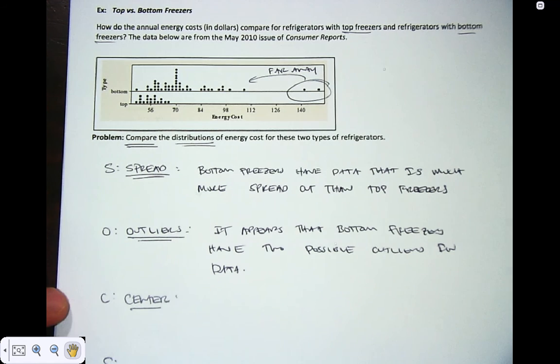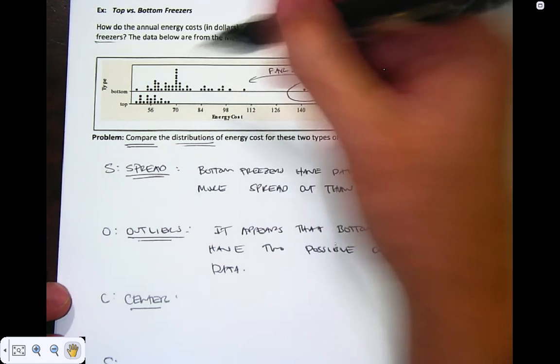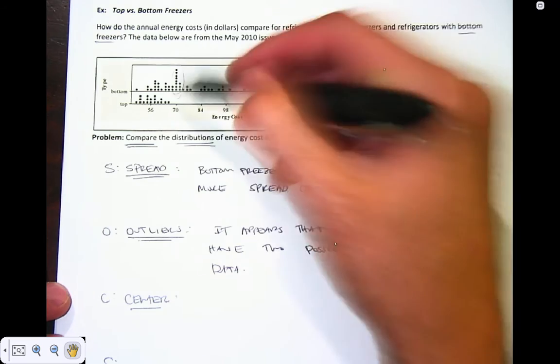Okay, and then we're going to talk about center. You're just kind of eyeballing it at this point, you guys. You don't really know. So the center of this data seems to be right around 70.